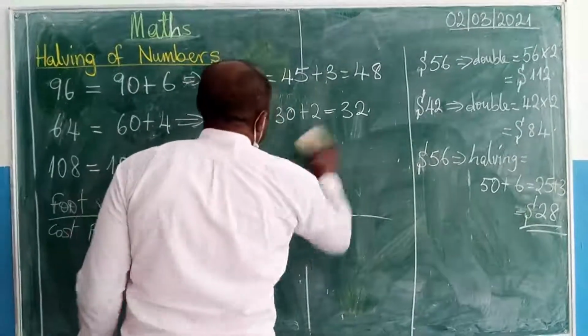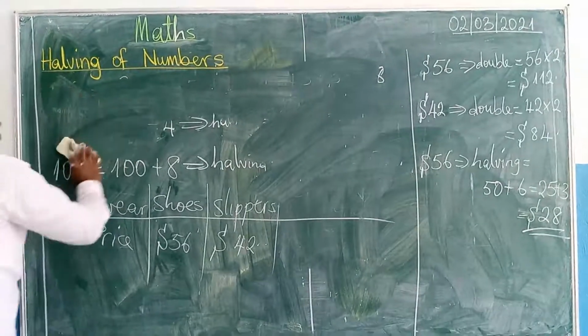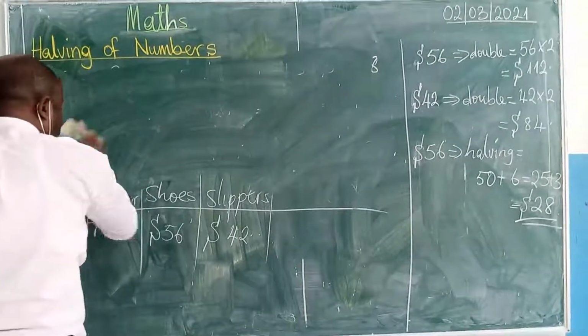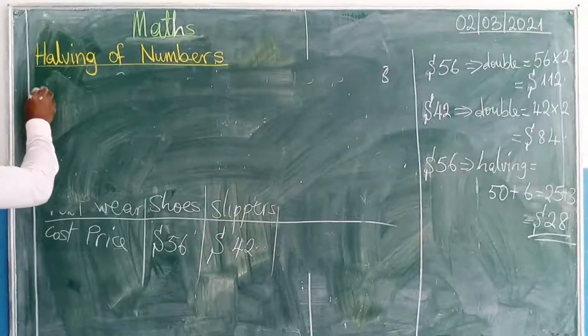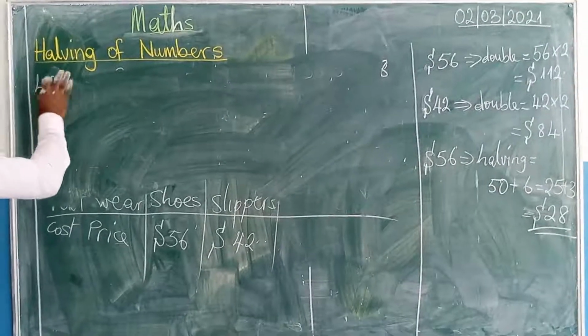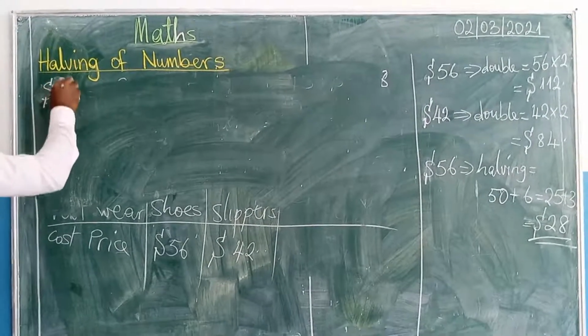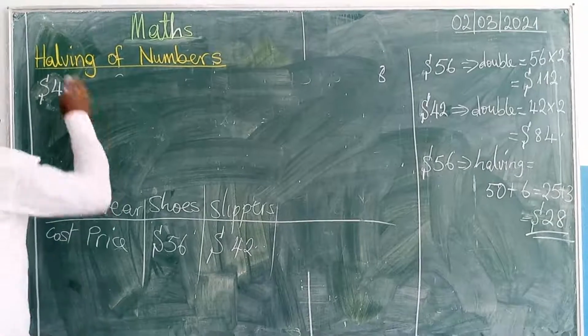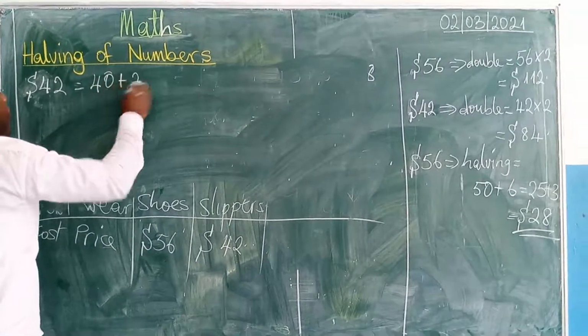Okay, the next one is $42. That's the price of slippers. So 42 will be 40 plus 2.